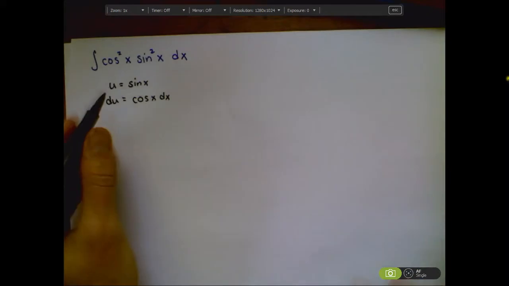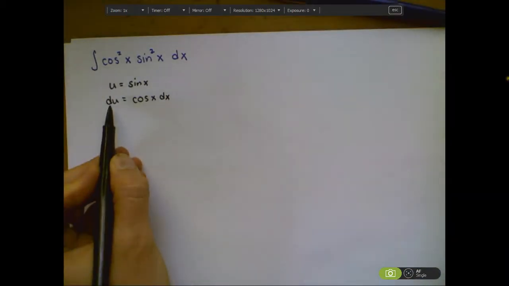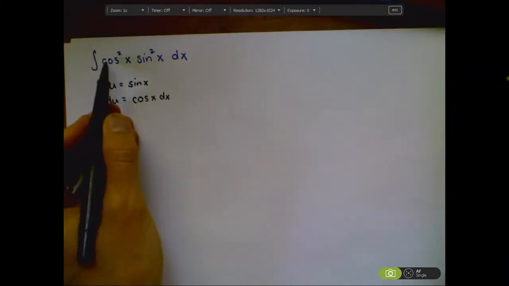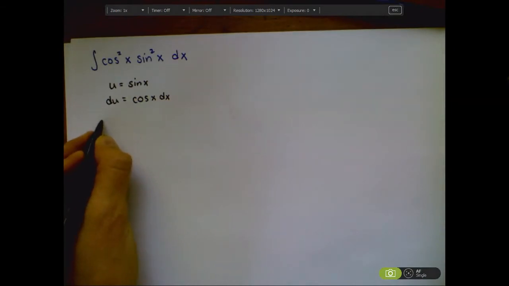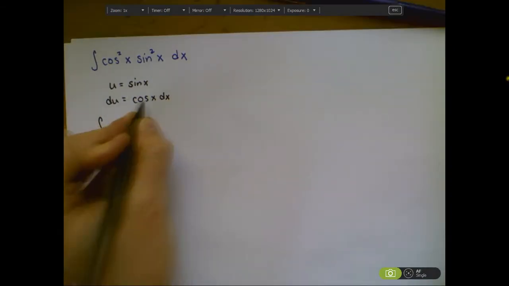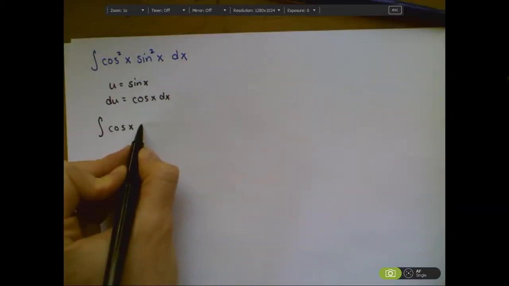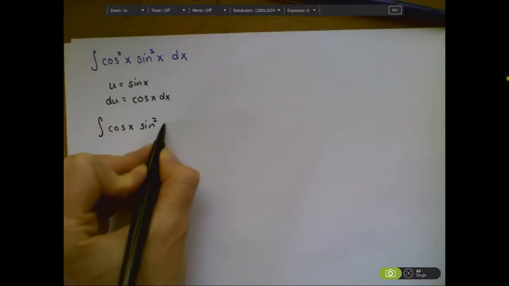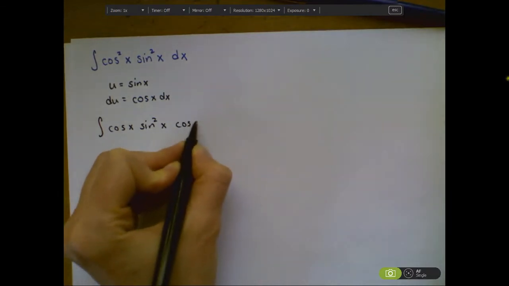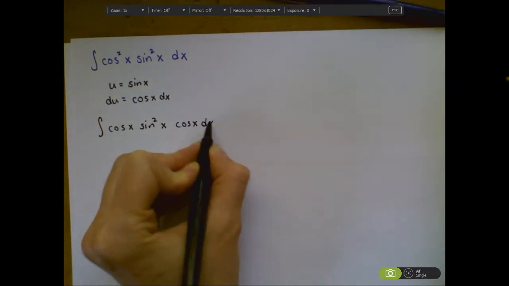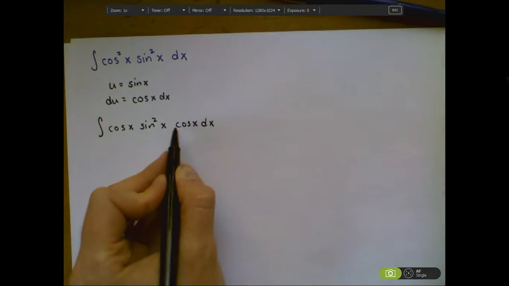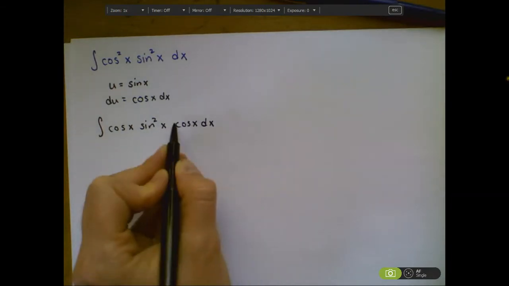So things are looking pretty good. So we could isolate out one single cosine, and to get our du by itself, we end up with cosine x times sine squared x times cosine x dx. So this could be our u, or our du.